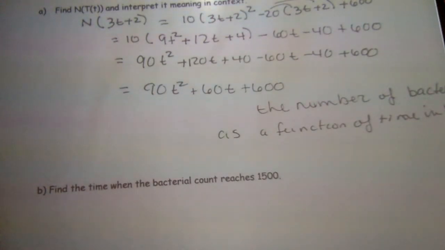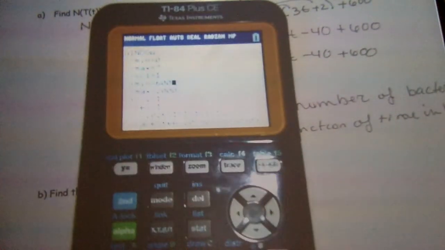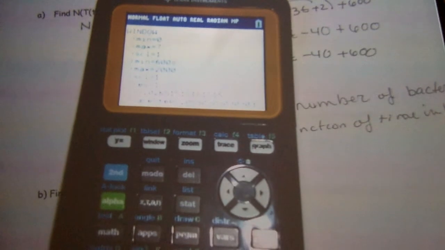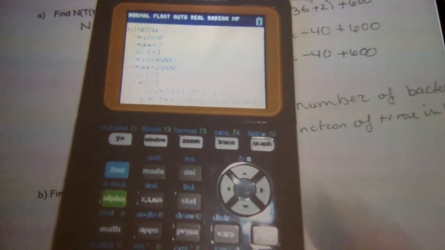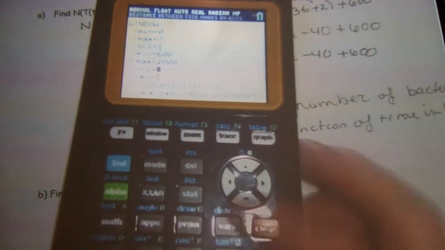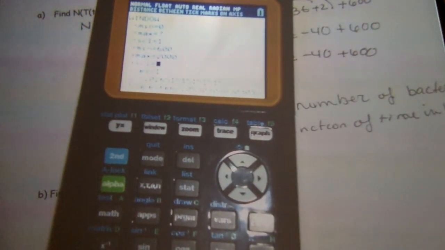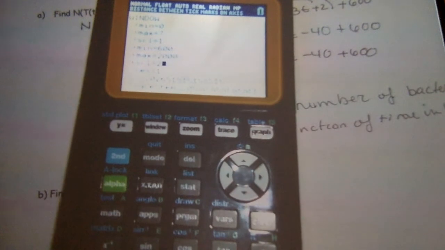We're looking for 1,500. Mine already has 2,000 there. You think that'll work? That's more. Now, what do you want our y scale to be? Well, that's about 1,400 points there. We do 200. We'd have 7 there too.